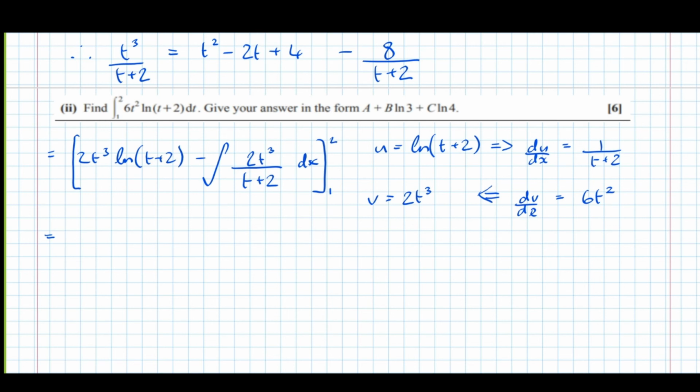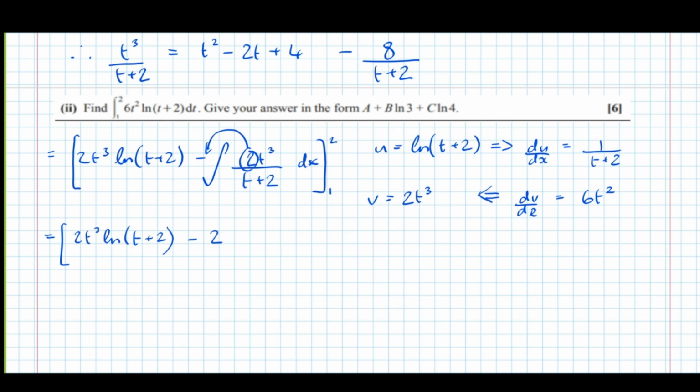Right, so equals, let's finish the integration, 2t cubed log of t plus 2 minus, and this 2 I think is better thought of at the front.